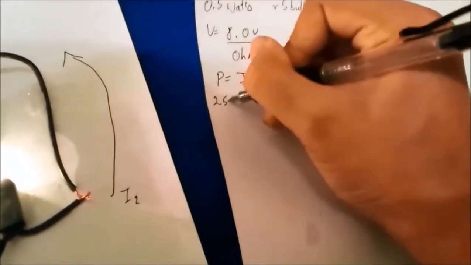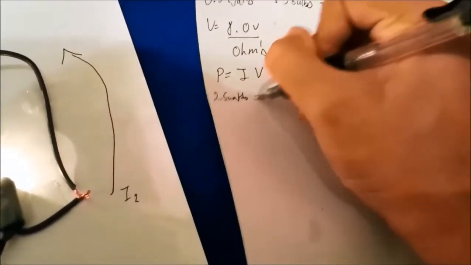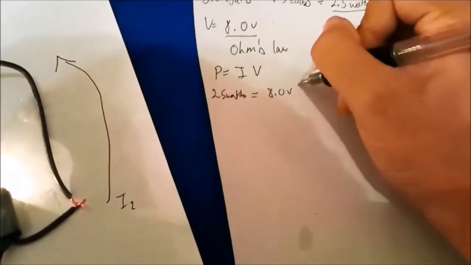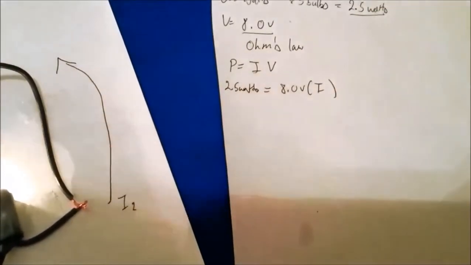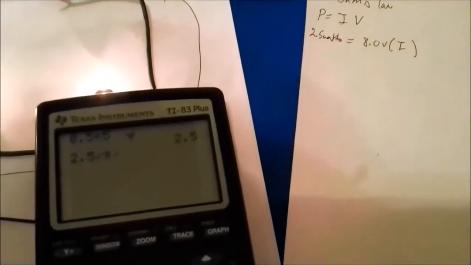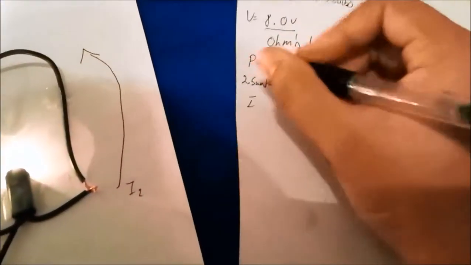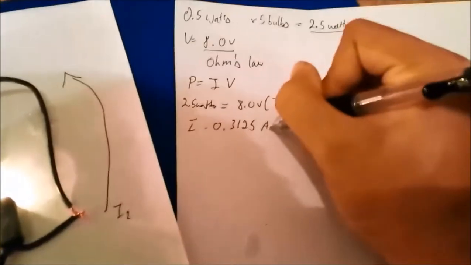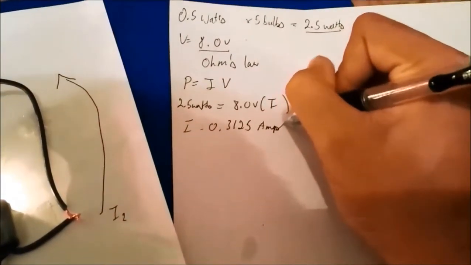So, 2.5 watts equals 8 volts times the current. Doing the math, we have 0.3125 amps involved in this circuit.